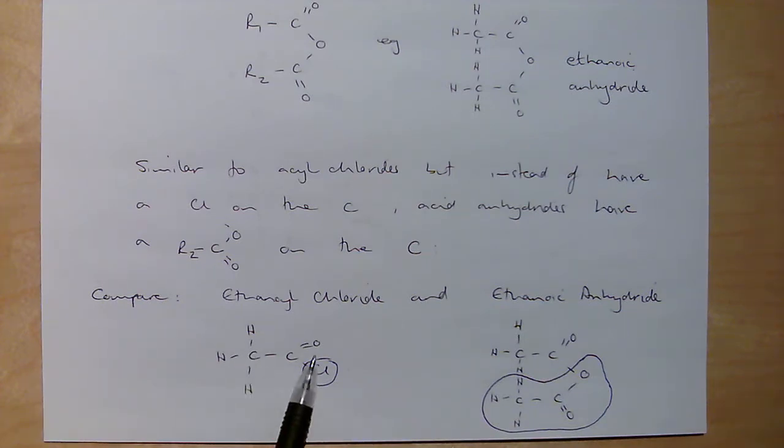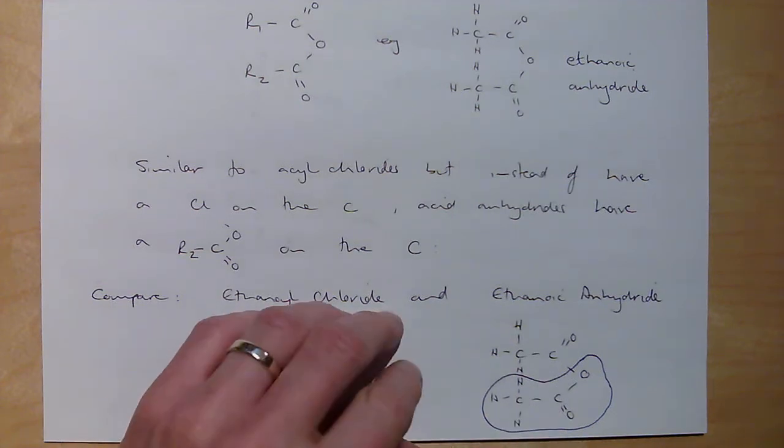So if that's ethanoyl chloride, that's an acyl chloride. What's the difference between the acyl chloride and the acid anhydride? Well, this Cl here on the acyl chloride is being substituted in this case by a CH3COO. So when you're looking at them, see this bottom half of your acid anhydride as a Cl atom, and that really helps when doing exam questions.